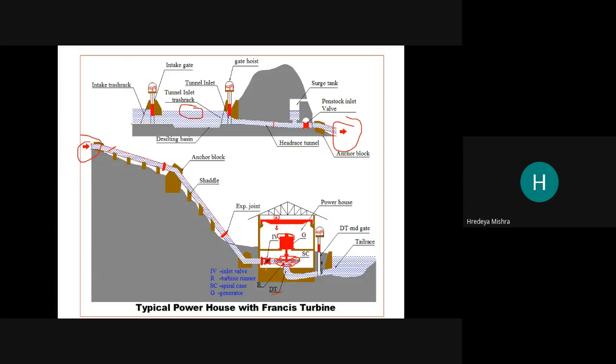So what is R? See here, R is the runner of the turbine. So the water jet which is created by the penstock pipe is utilized to rotate the runner of the turbine. And this rest is our tailrace, means this water is now supplied to the city or village for use purposes.